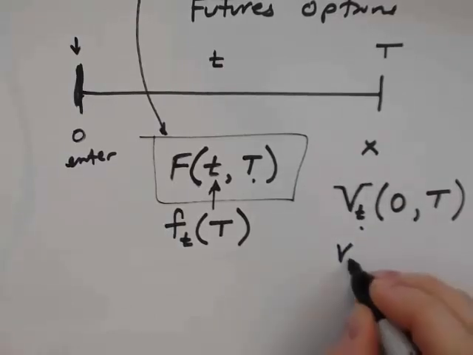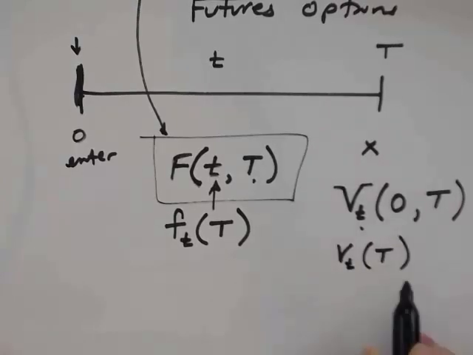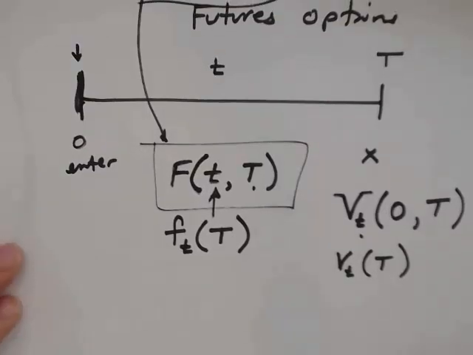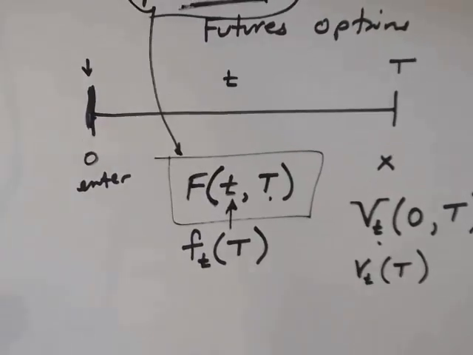And so this is the value of a futures contract at time t, and this is the expiration, capital T. And as we go through the chapter, I'll cover more notation. But that's what you need to know for now.